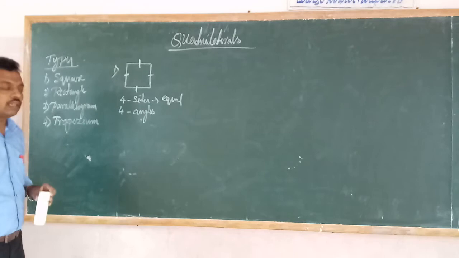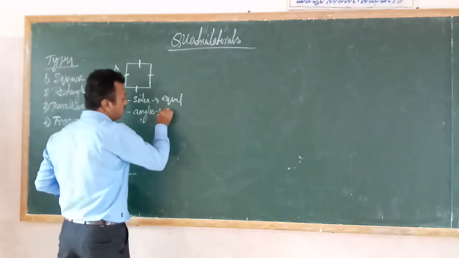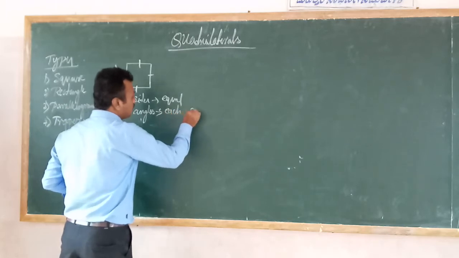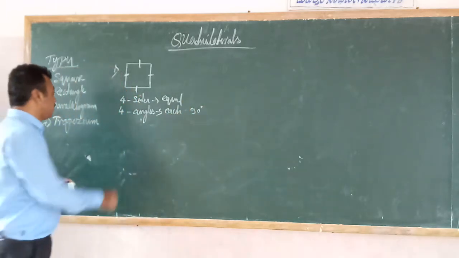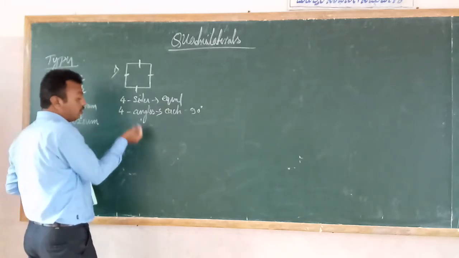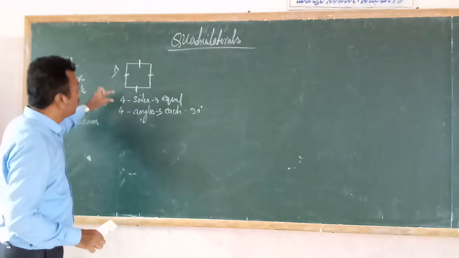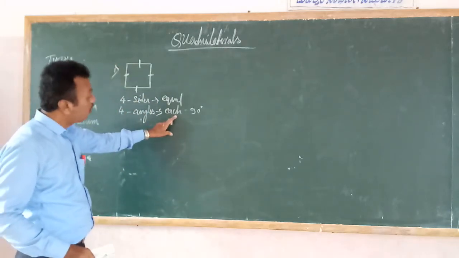So for each angle, how many degrees? Yes, 90 degrees. Each angle measures 90 degrees. Next property: all four sides are equal and four angles are also equal.